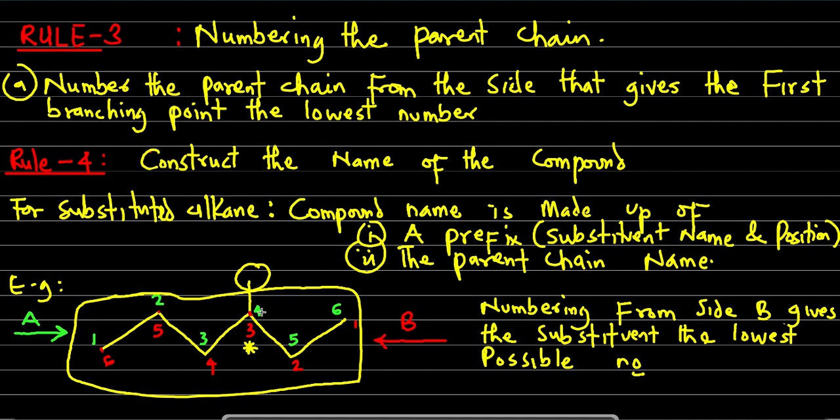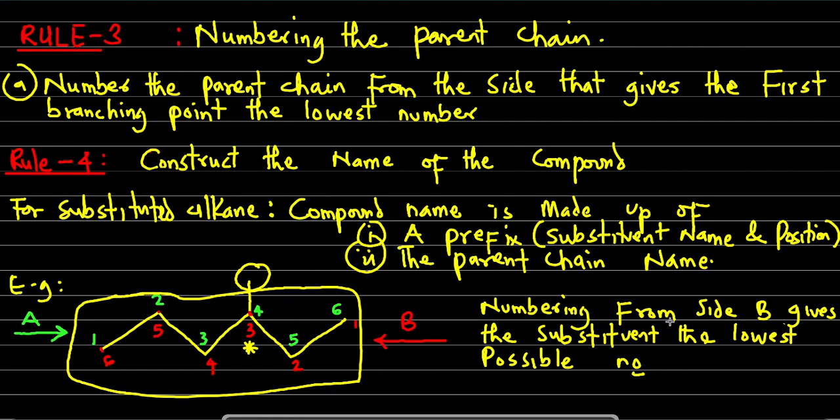So it's very obvious that if you're coming from the red part, this substituent takes position number 3, but if you come from the green part, the A labeled part, this substituent is position number 4. So the correct way to number this would be starting from B. All right, so numbering from B gives the substituent the lowest possible number.